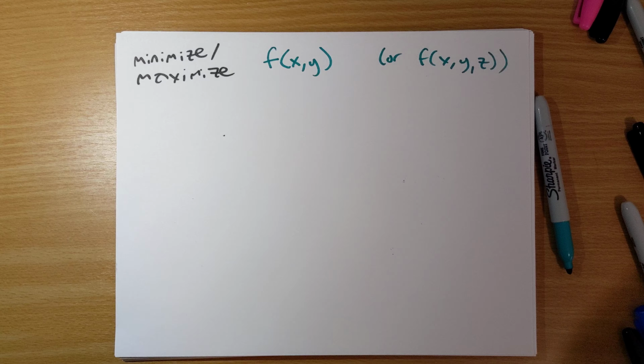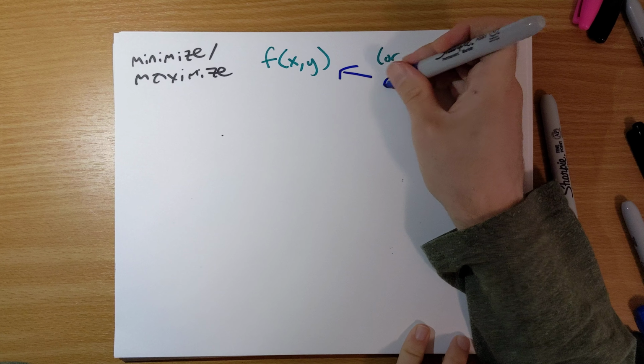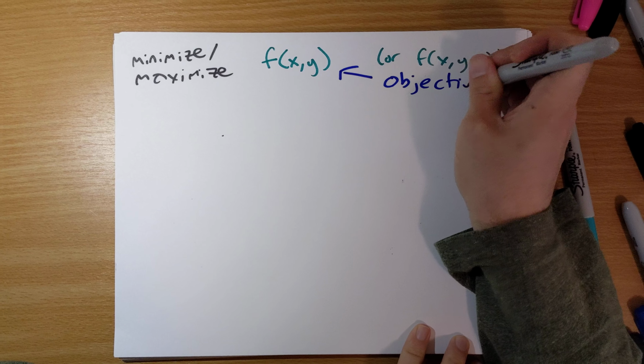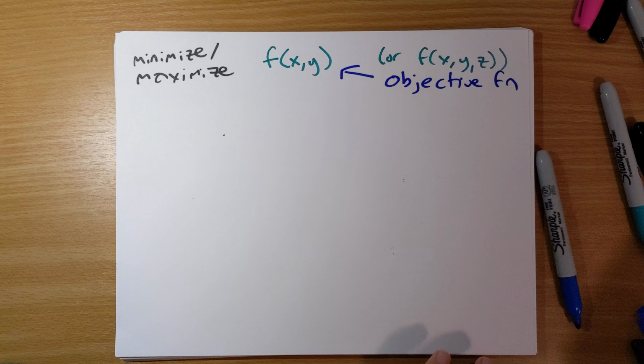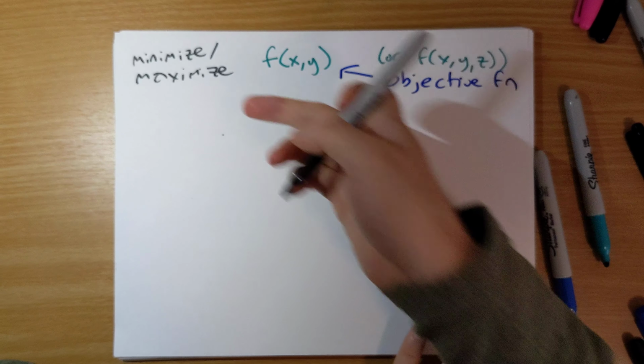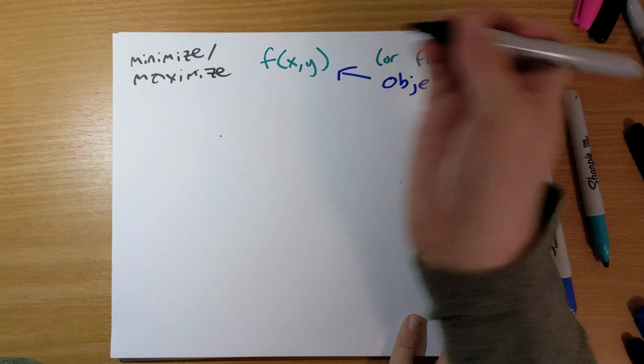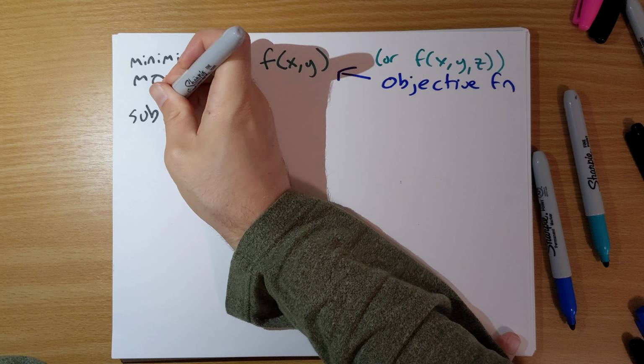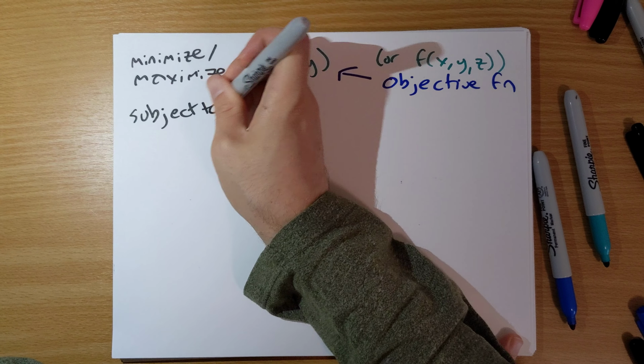We sometimes call this the objective function. Minimize or maximize f of x y or f of x y z subject to some constraint.